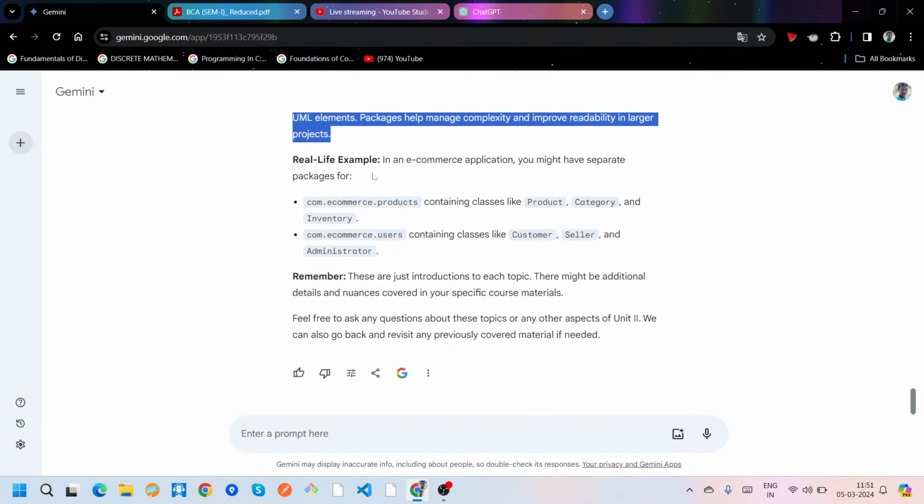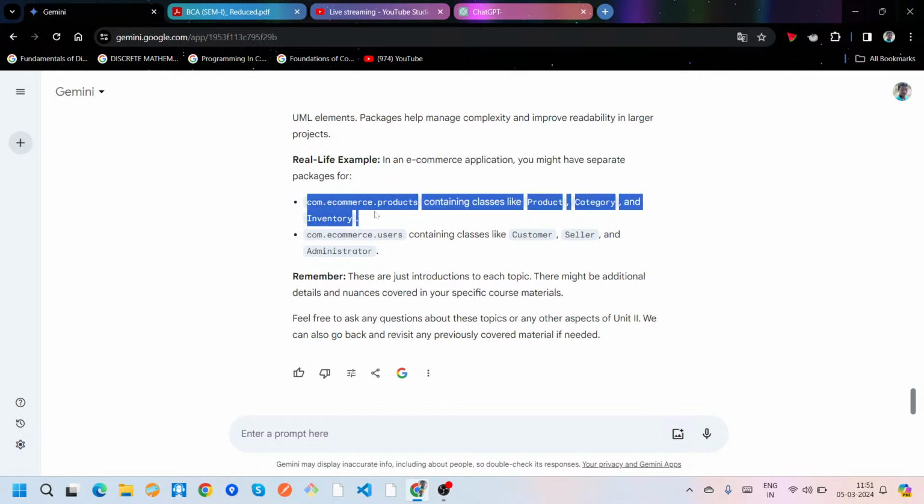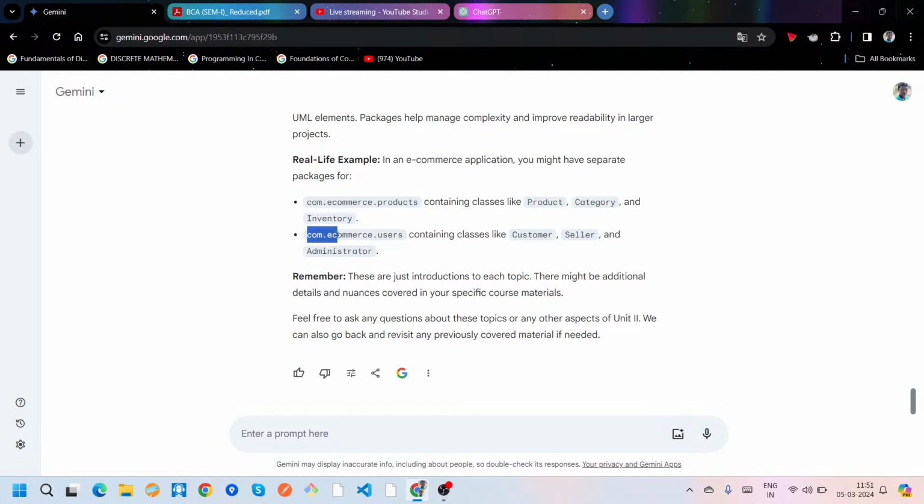Real life example: in an e-commerce application, you might have separate packages for com.ecommerce.products, containing classes like product, category, and inventory. Then com.ecommerce.users, containing classes like customer, seller, and administrator.